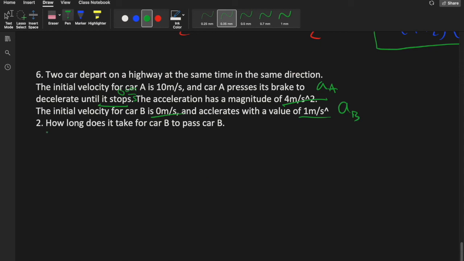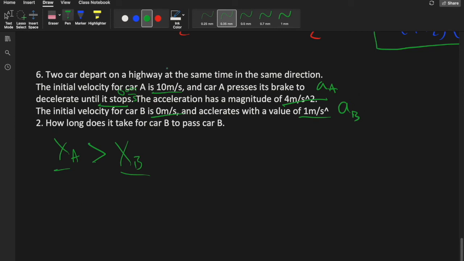How long does it take for car A to pass car B? So for this problem, the first thing that pops into my mind is I need to calculate the displacement for car A and car B. And if car A passes car B, then the displacement for A must be greater than the displacement for car B. So now you just need to find an equation for those two quantities.